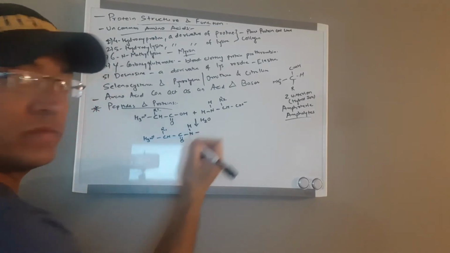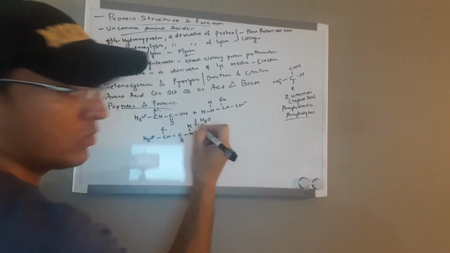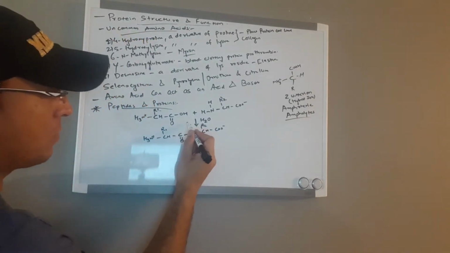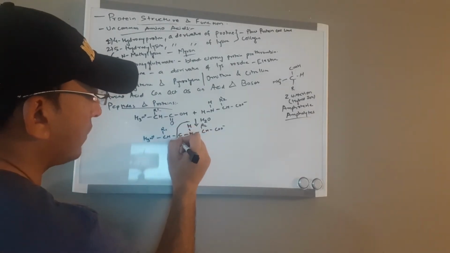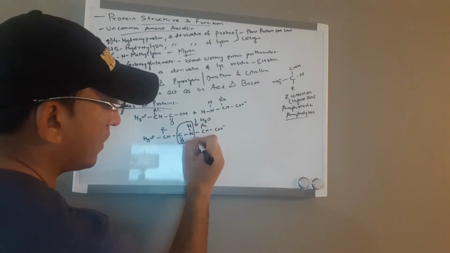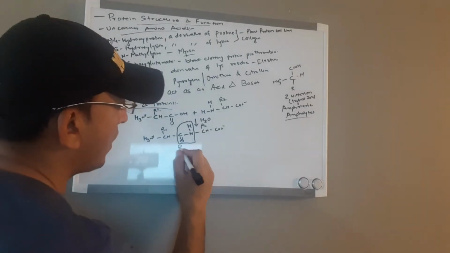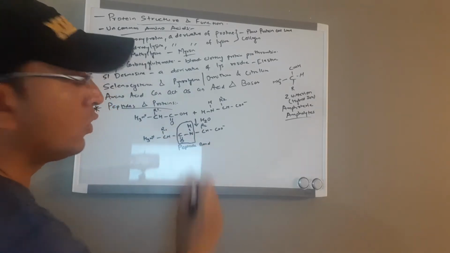You can see that. This is R2, that's the second one. C double O. So this part, that's a peptide bond between two amino acids.